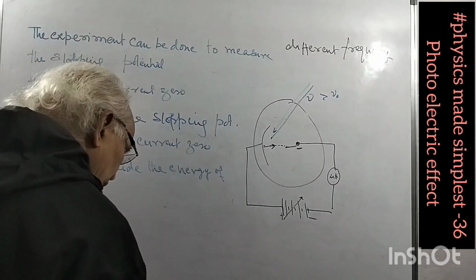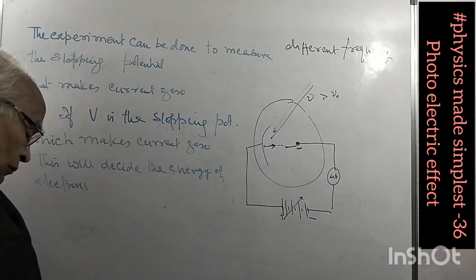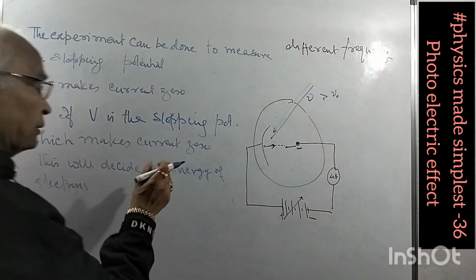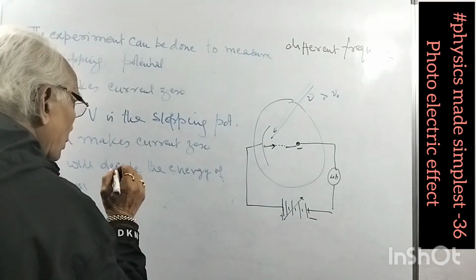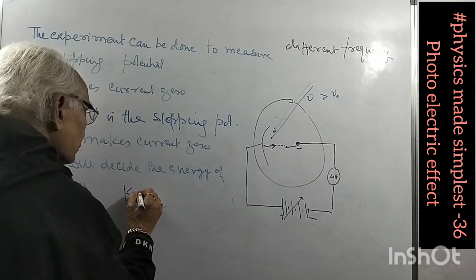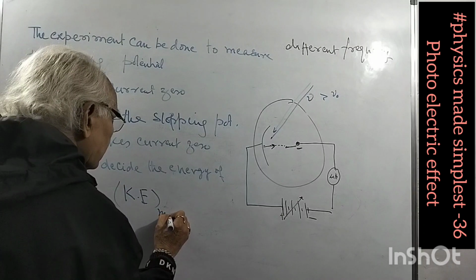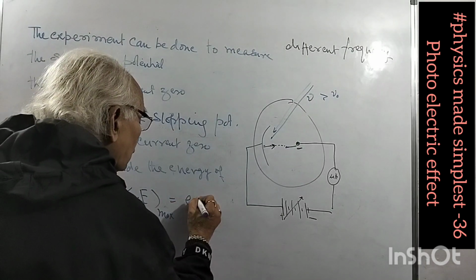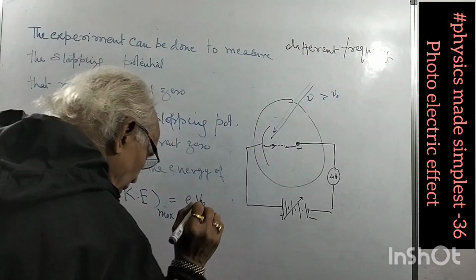Kinetic energy in the form of the kinetic energy of the electrons, or the maximum kinetic energy. Because it stops, means electrons of maximum energy are stopped. So we can write the kinetic energy of the electron, and that is maximum, equal to e into V naught, where V naught is the stopping potential.